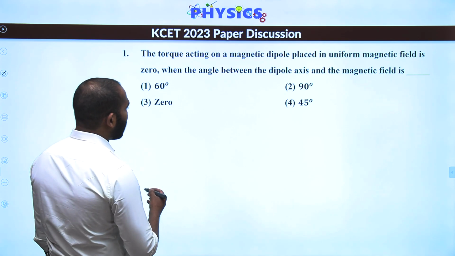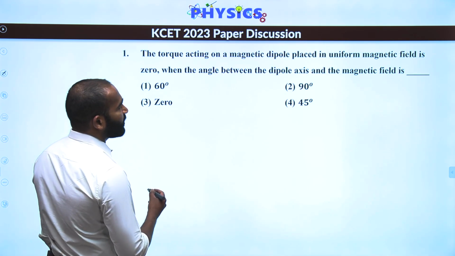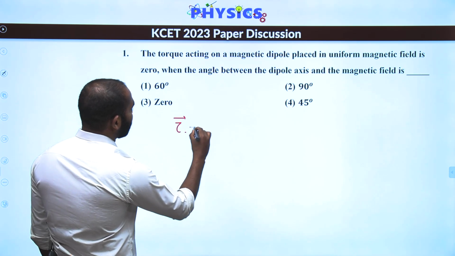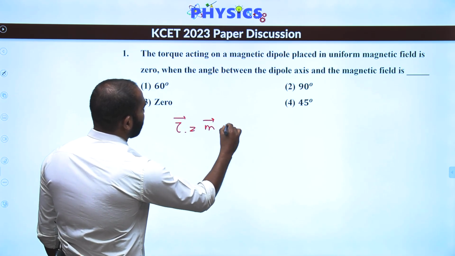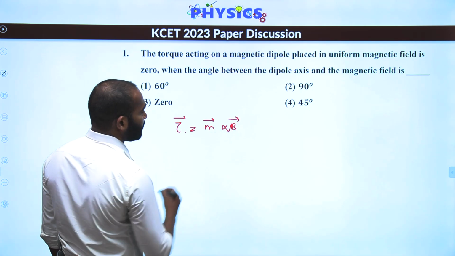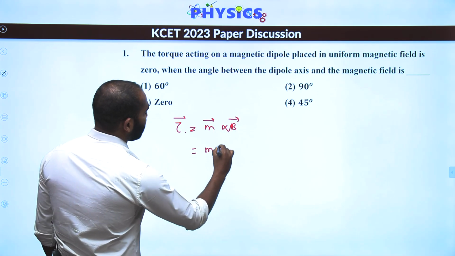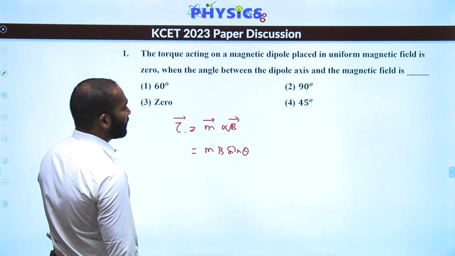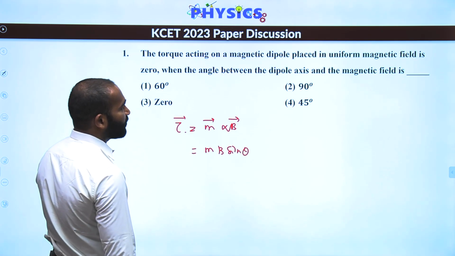For this you should know the formula for torque acting on a magnetic dipole placed in a uniform magnetic field, that is torque is equal to m cross B, which is MB sine theta, where theta is the angle between the magnetic dipole and the uniform magnetic field.